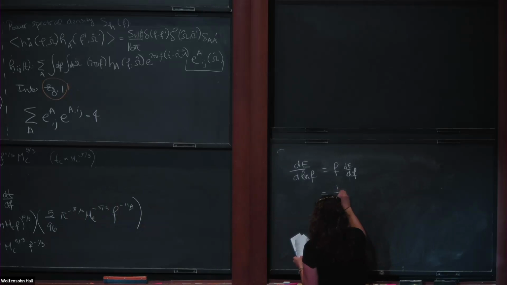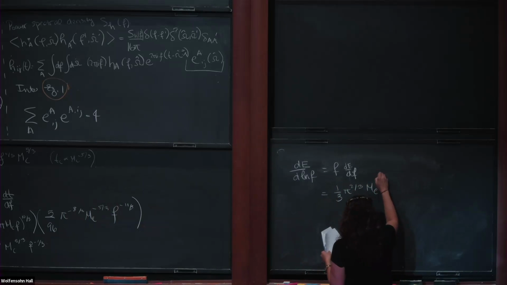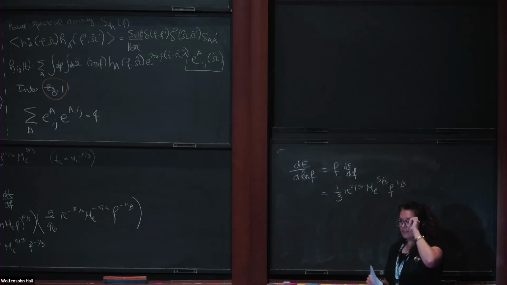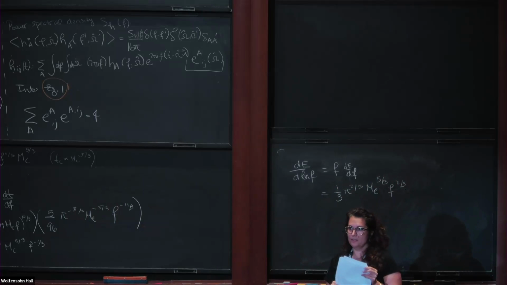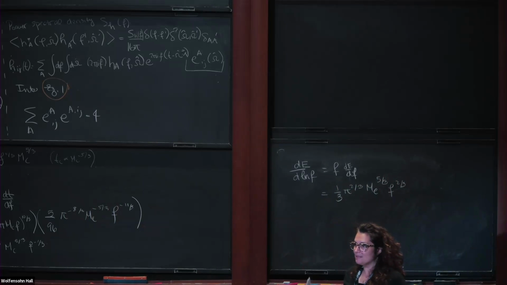So this looks like 1/3 pi to the 2/3, chirp mass to the 5/3, and frequency to the 2/3. Okay, so another interesting note, because we're getting close, right? You can probably smell it. You're like, ooh, frequency to the 2/3. I can probably make that minus 2/3 if I really want to, and we're done.